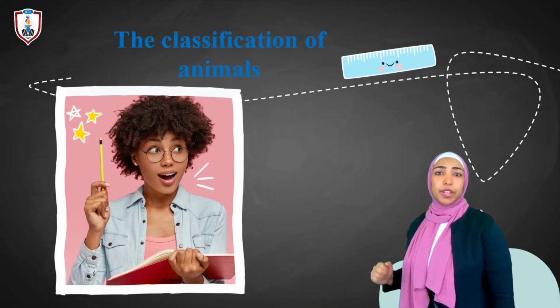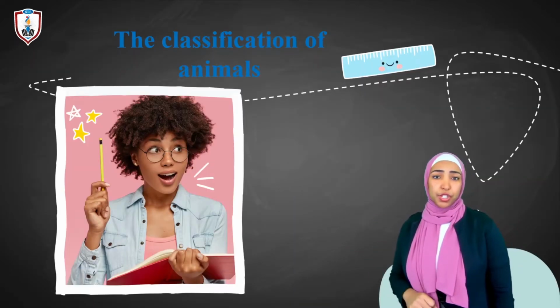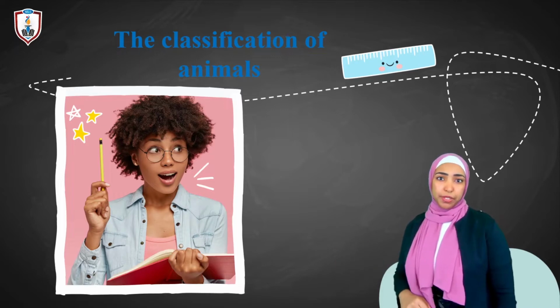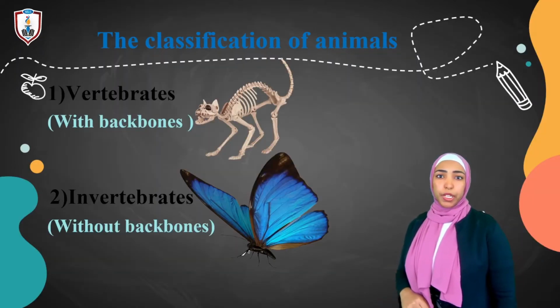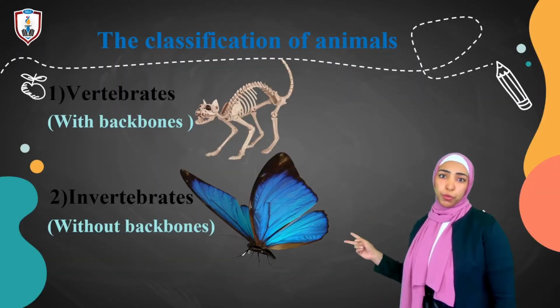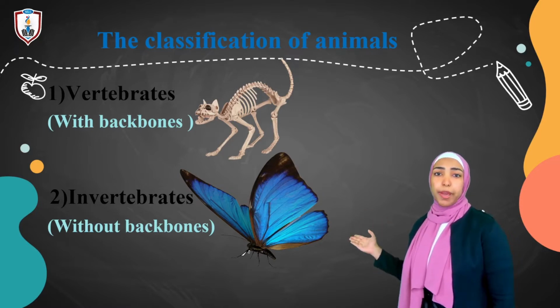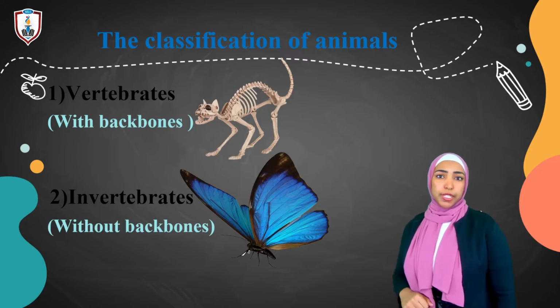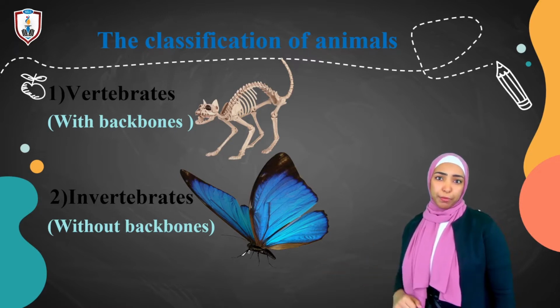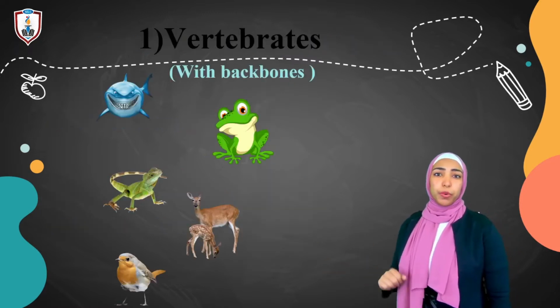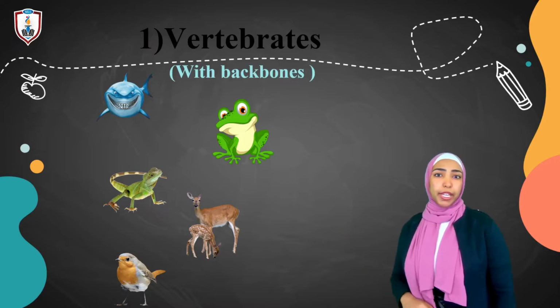So our lesson today will be a simple classification for different kinds of animals. This classification will be about two groups of animals. Number one, vertebrates, the animals with backbones, and invertebrates, the animals without backbones. Let's start with number one, the animals with backbones, the vertebrates.